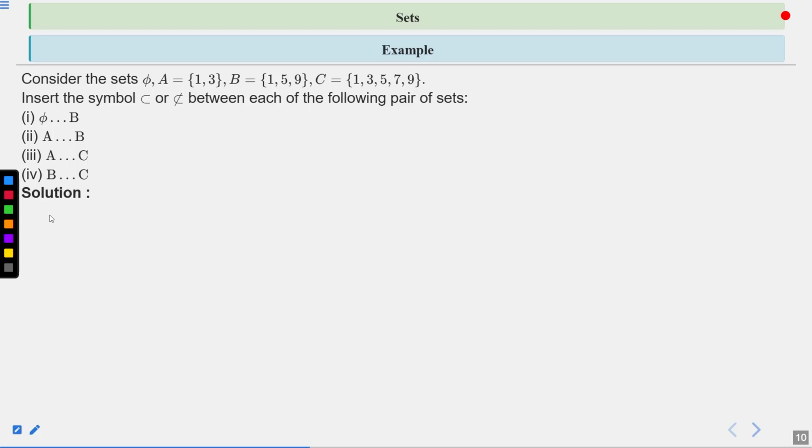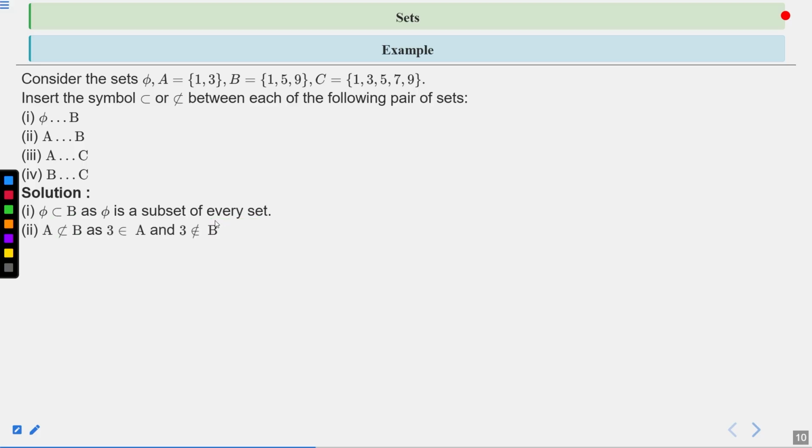Now, solution. From the definition, if you recall, we stated that we agree to say that phi is a subset of any set. So, whenever you see phi and any set, you immediately put the symbol for subset. Phi is a subset of every set. Always remember that.